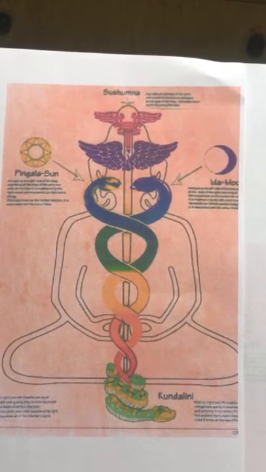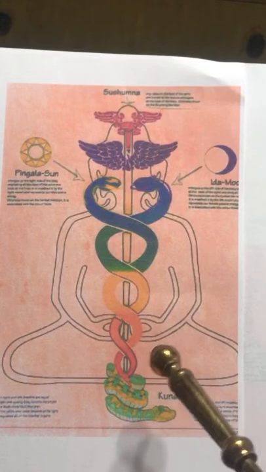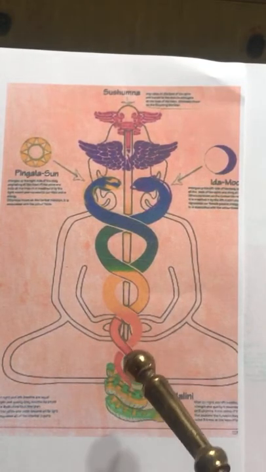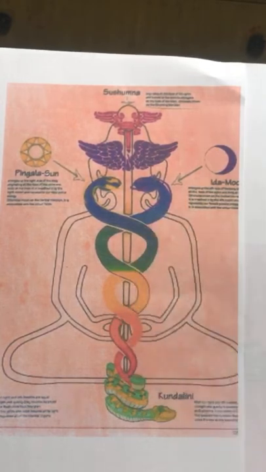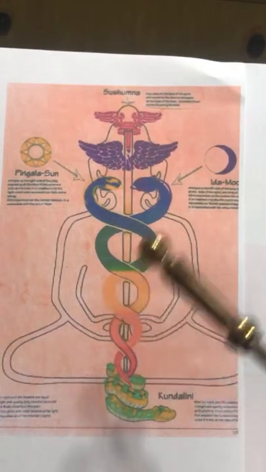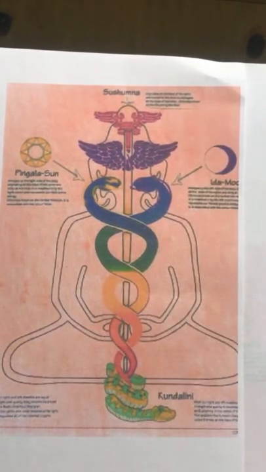As the kundalini rises up, you can feel it when you're doing the practices, at which chakra it goes to and stops. There's a resistance there. But if you go up to the third one here, the petals on the third chakra now are horizontal.